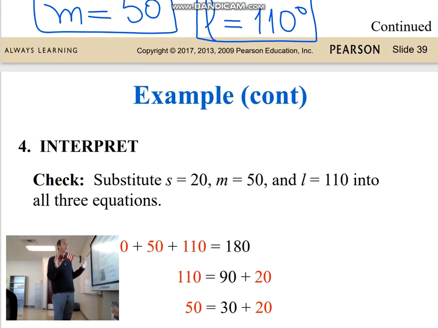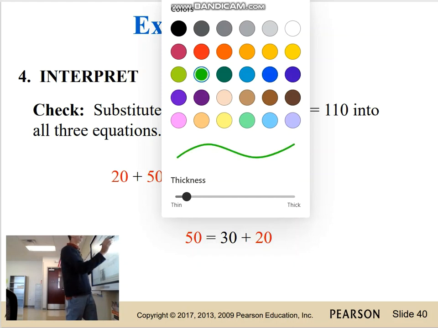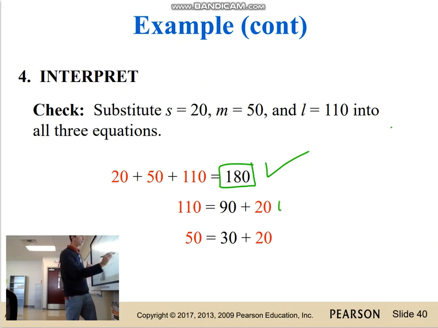Now we have the results. Interpret the results and check if they are right. Just spend a few seconds to make sure that you have the right answer in your hands. One way is adding up all the angles and checking if this equals 180, yes. And then we can check the other equations as well, yes and yes.